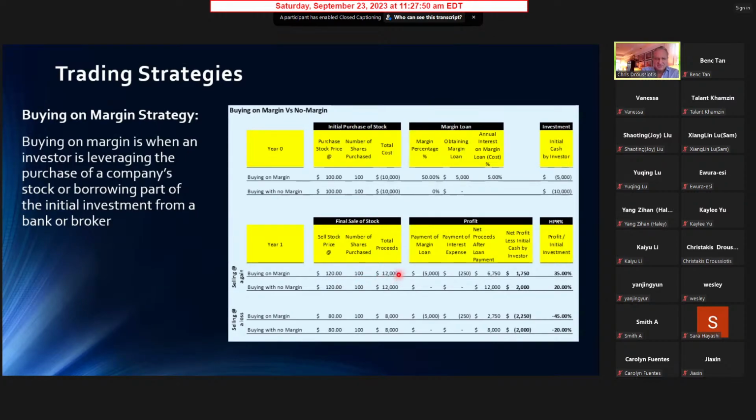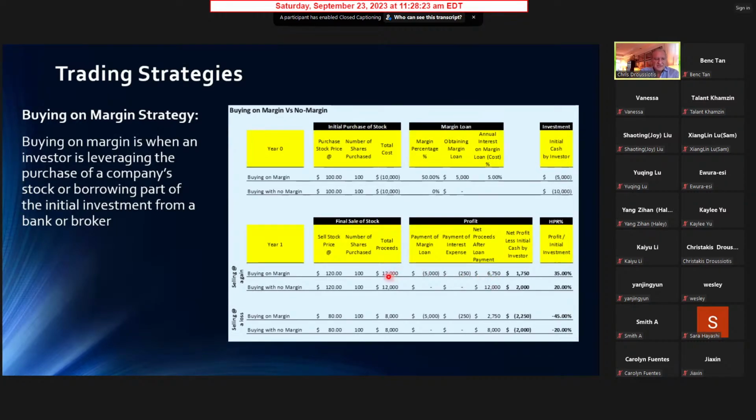The first thing you do is take the $12,000 and pay back the loan, and you also pay back the interest. Assuming it's a year, 5% on a 5,000 loan is $250. So you pay 5,000 plus another 250 for the interest. That's how they charge you for getting a loan. Nothing is free, by the way.